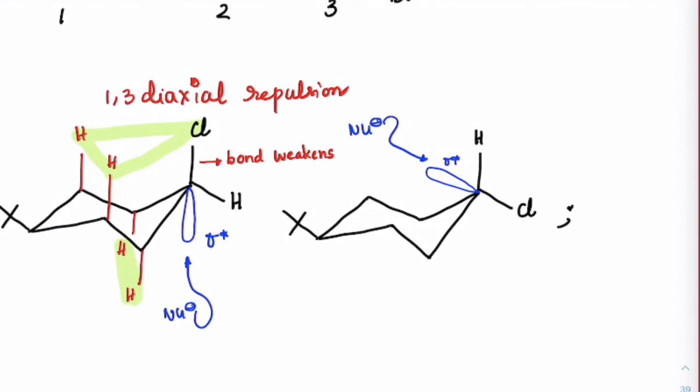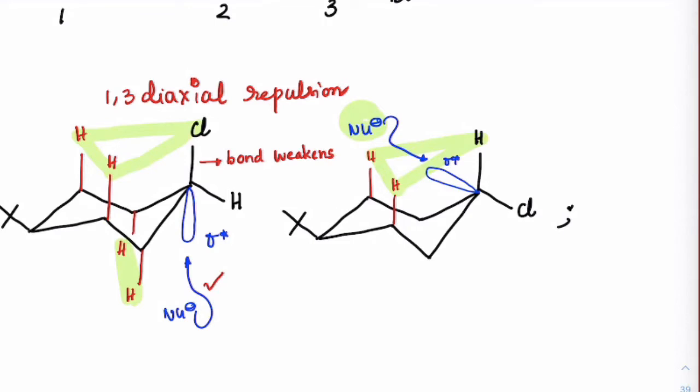But here if you observe, these diaxial repulsions are existing between these three hydrogens, and the nucleophile is also coming with an electron cloud. So due to diaxial repulsion, the nucleophile cannot come easily towards that sigma star, whereas here the nucleophile can approach easily.